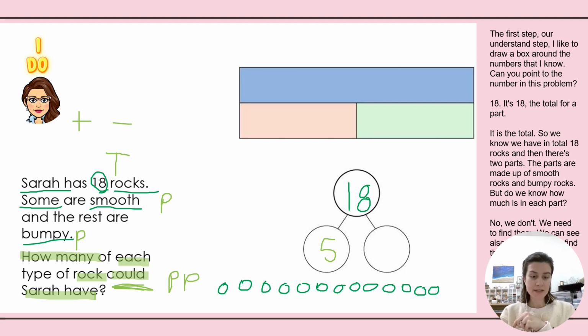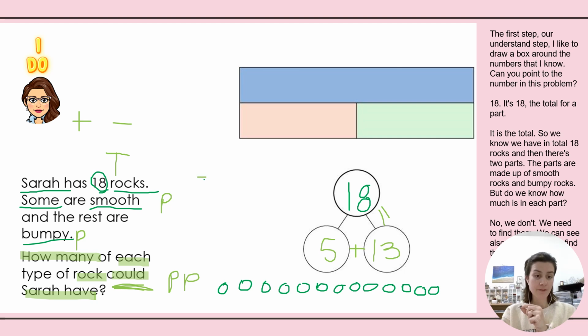Counted on 13 times, which means 5 plus 13 equals 18. And I need to write my answer out. I did not do that the last time, sorry. How many of each type of rock could Sarah have?